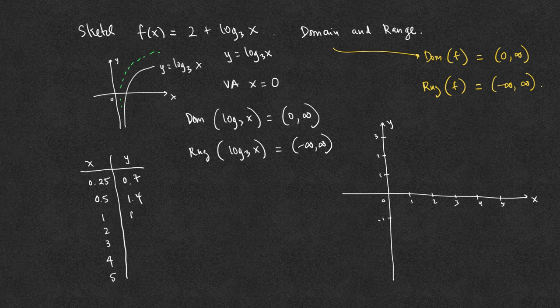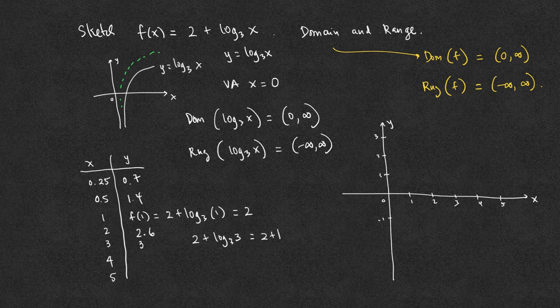When we plug 1 into the function f of x, we have 2 plus log base 3 of 1, but log of 1 is 0, so we end up with 2. When we plug in 2 into the function, we will get 2.6. When we plug in 3, we have 3 because 2 plus log base 3 of 3 is 2 plus 1.